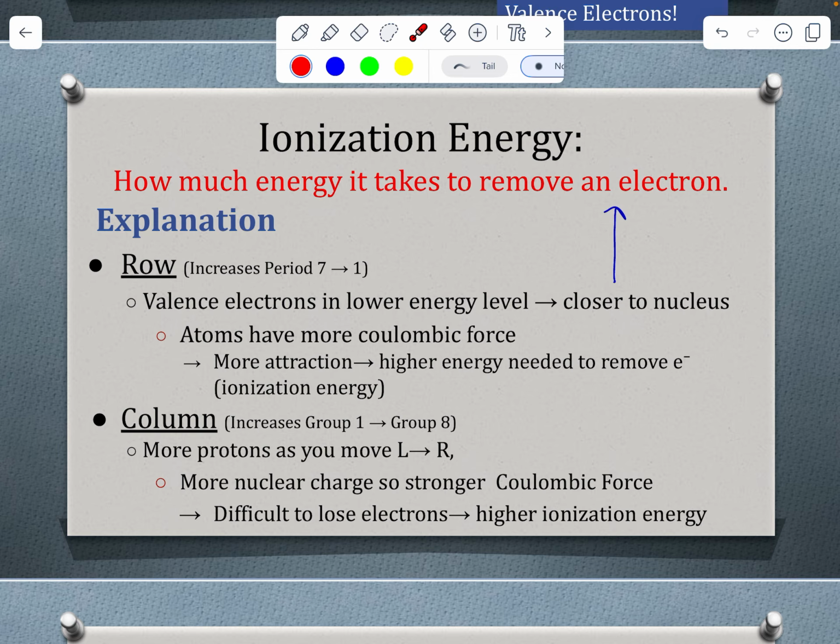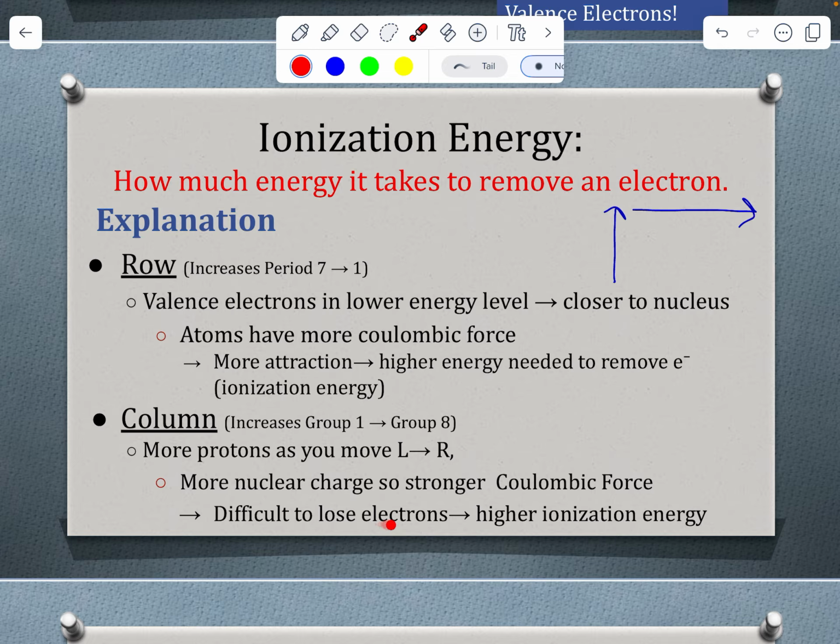When we're looking at now the columns, increasing group 1 to group 8, increasing as we look to the right. As we go to the right, we are going to have more protons in that same energy level, which means there's more nuclear charge. So that's increasing the Coulombic force, even though the proximity isn't changing.